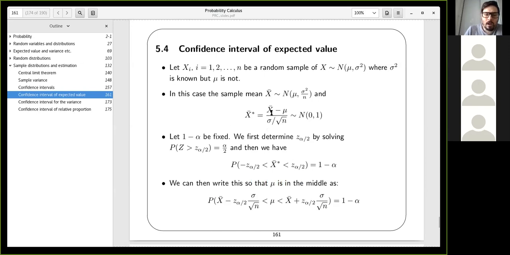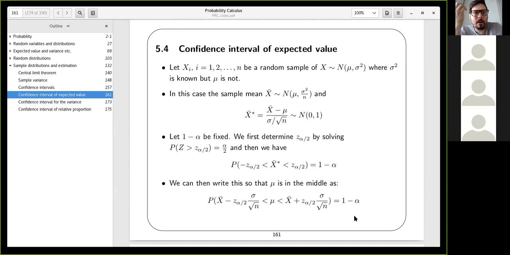And then we subtract from both sides x bar, and change the signs. So mu is between these two values if we solve it. So this is the confidence interval. This is the probability that the actual mu is between these two values is 1 minus alpha.